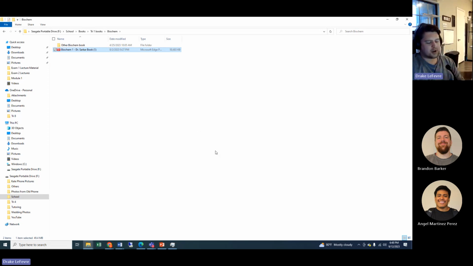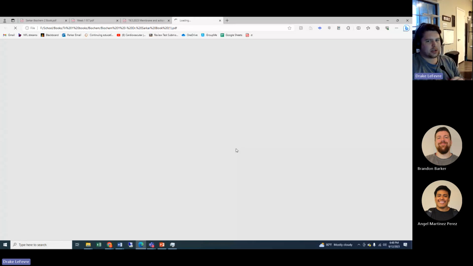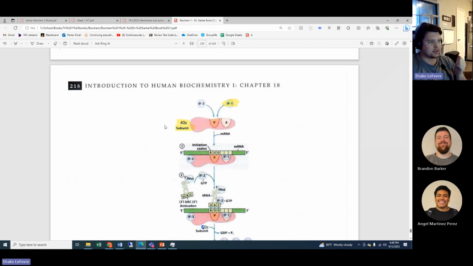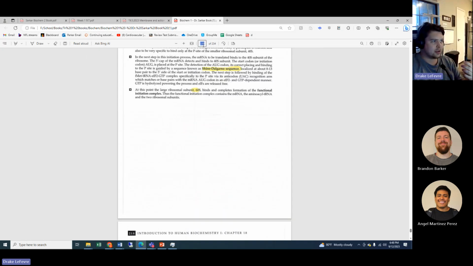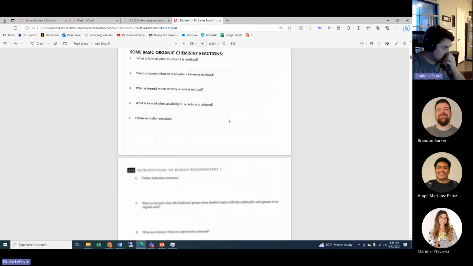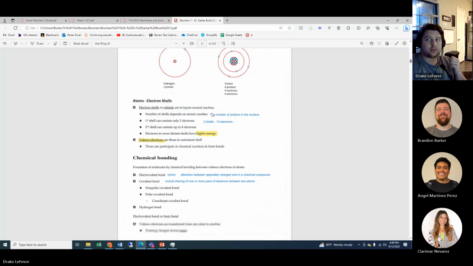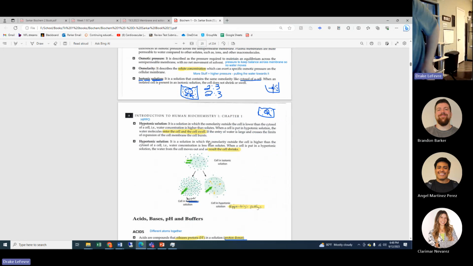As far as titration goes, what gets really confusing about titration and the acids and bases, honestly, is more the math side of it, but we don't have to do any of that. I think acids and bases, is that chapter 3? Sec.